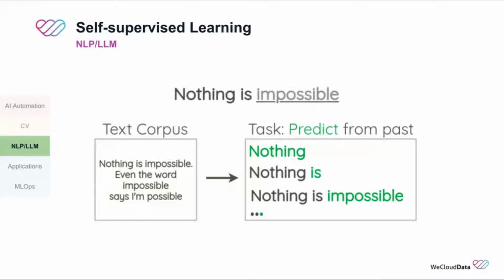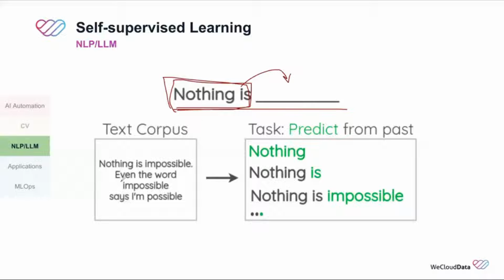So that's why when we have a corpus of text, let's say blog posts you scrape from some website, you can start to construct your training data set automatically. So nothing is impossible. Say your sentence is "nothing is impossible": you can use "nothing is" as the context or the input, and "impossible" is the output.